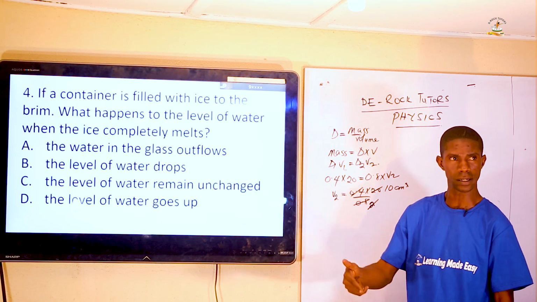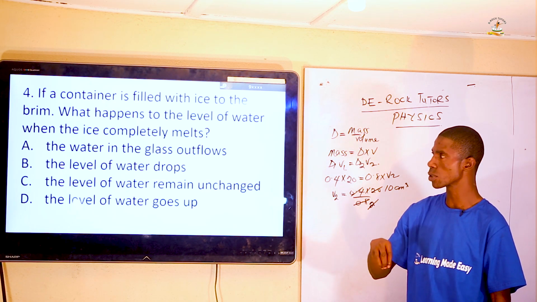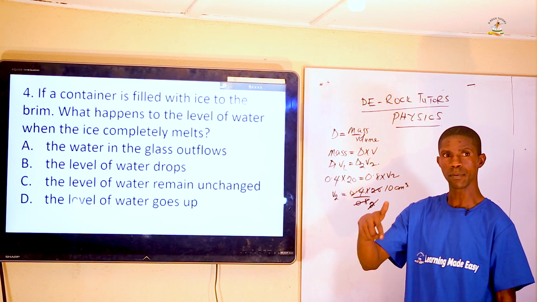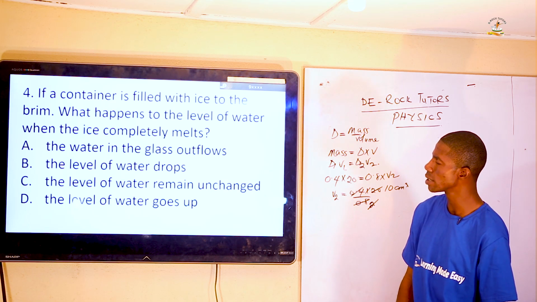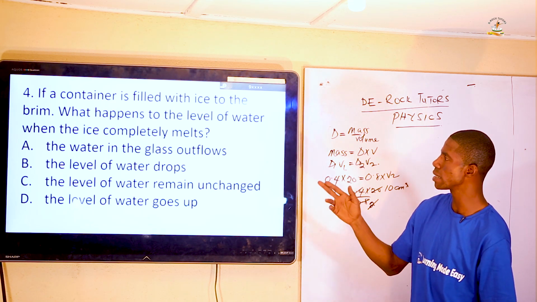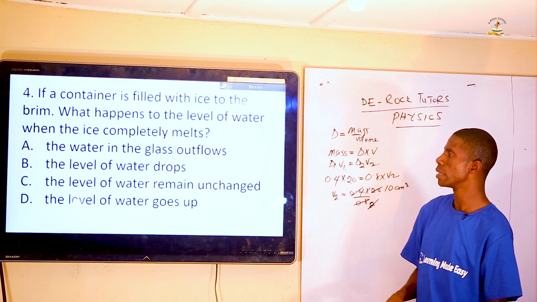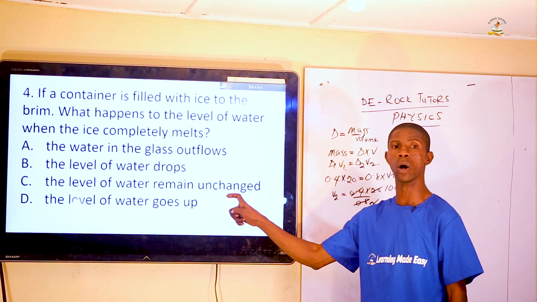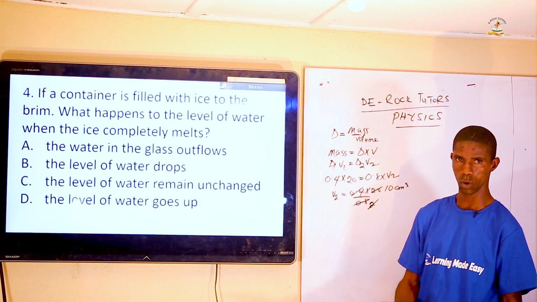So when it melts, the water level will still remain unchanged, because as it melts, the same volume it actually occupies will still remain the same. The options say the water in the glass will overflow. No. The level of water drops. No. The level of water remains unchanged. So that gives us the answer to that question. So we'll go to the next question.